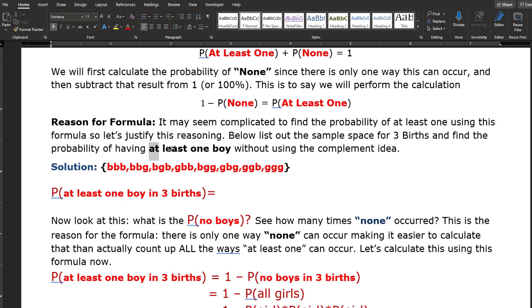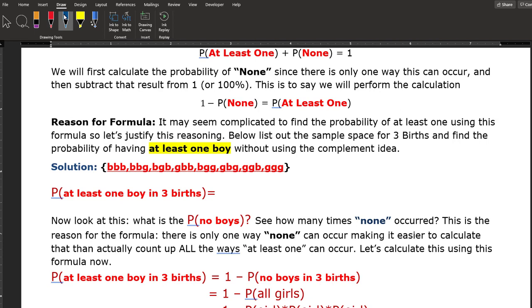Now, when you're looking for at least 1 boy, look at all the things you have to consider for at least 1 boy. You can find the probability by listing it out like this, but you're going to see this is not the preferred way to do it. If we're looking right here at at least 1 boy, that means 1 boy, so these 3 options, 2 boys, so it could be these 3 options, or 3 boys.